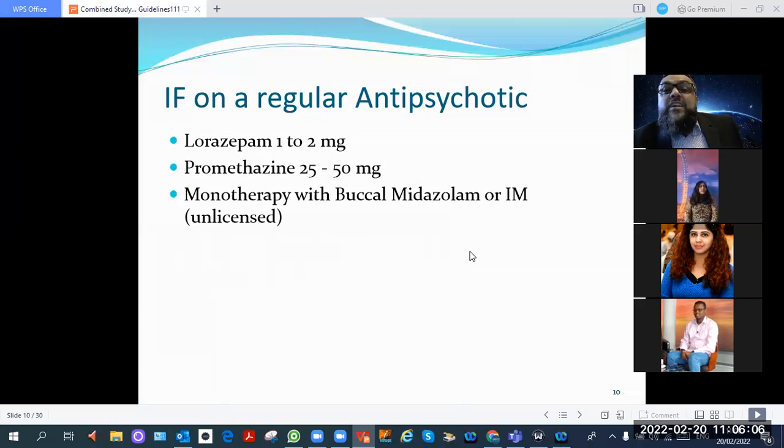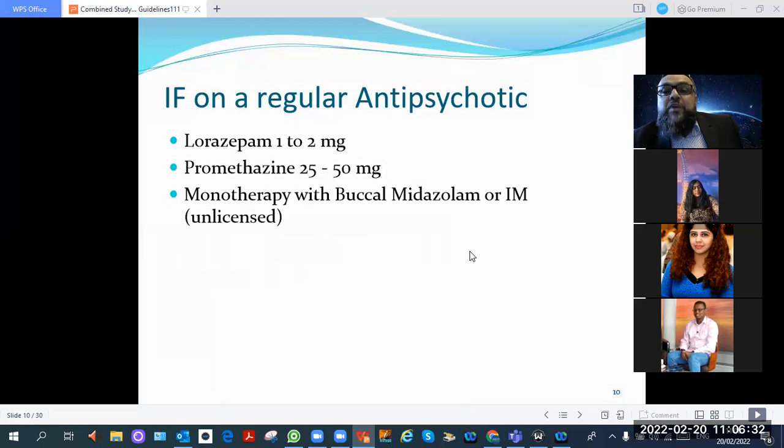You should ideally not use another haloperidol as a means of rapid tranquilization. They're already on 20 milligrams of olanzapine, you should not use haloperidol. So you should go with the lorazepam only, or maybe lorazepam plus promethazine if you want, but not an antipsychotic.